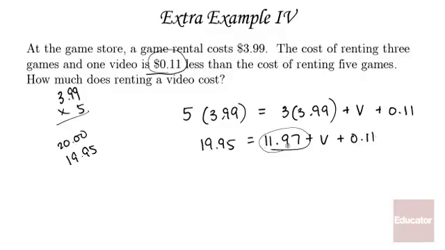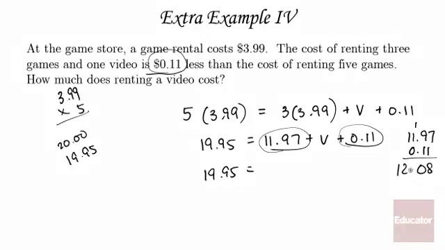Now I'm going to combine the $11.97 plus the 11 cents, and I'll have $19.95 equals, so we have $11.97 plus 11 cents, 8, 10, and that makes $12.08, plus the cost of the video.